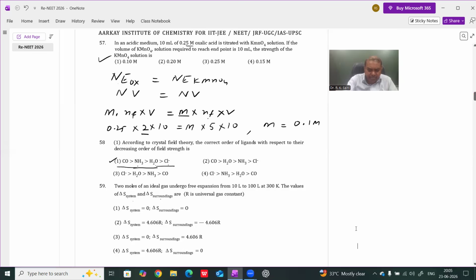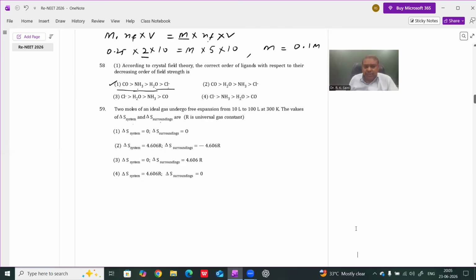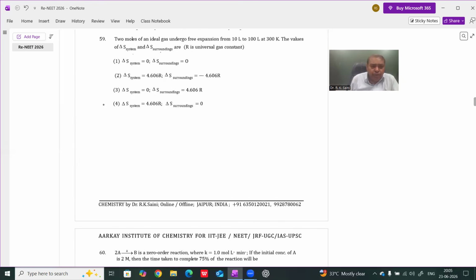It is a very important question taken from thermodynamics. We find the entropy change of the system and surroundings. We know that the entropy change of an ideal gas, meaning the system, is nCv ln T2 upon T1 plus nR ln V2 upon V1. For the system, the process is isothermal, the temperature is constant, therefore the first term is 0.